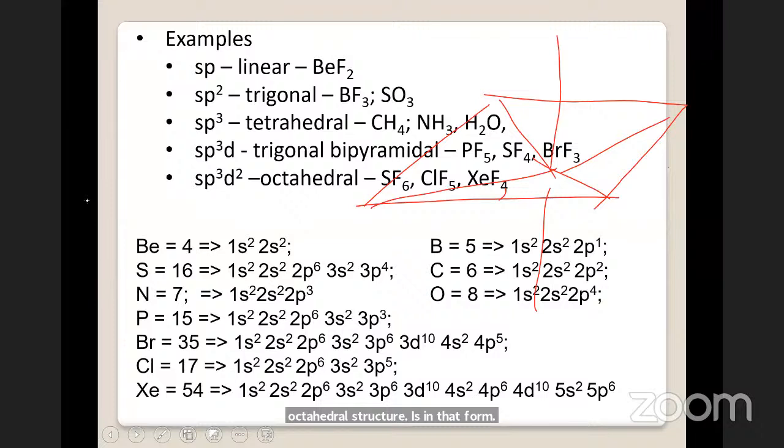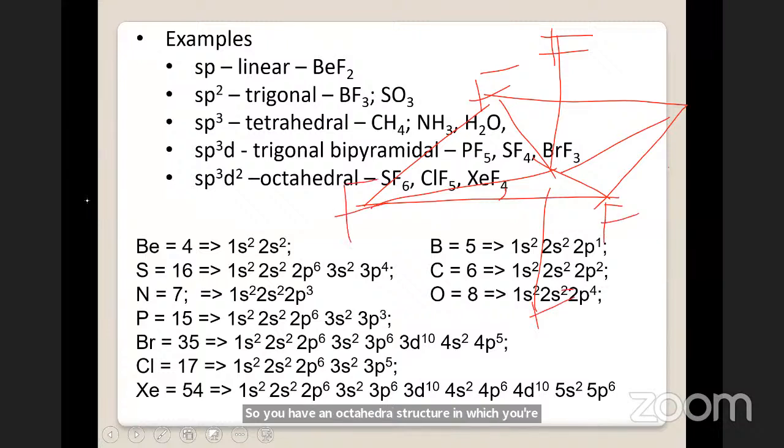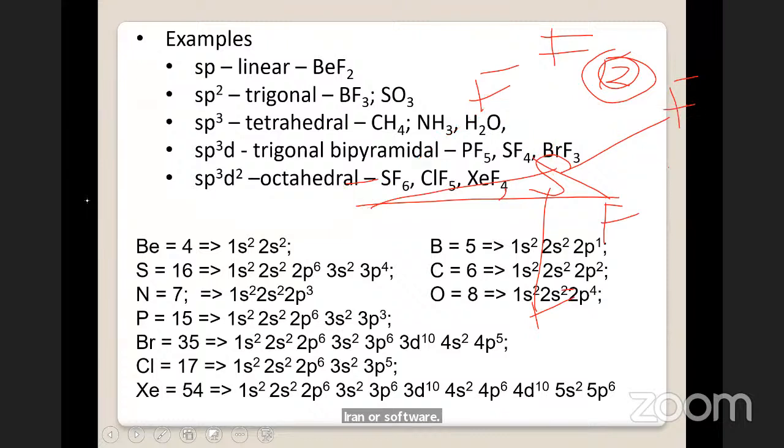So you have an octahedral structure in which your fluorine stays here, here, here, here, here, and here, making 6 fluorine, and you have your sulfur at the center. The 6 fluorine that you have around will give a total of 12 electrons around your sulfur, which tells us the reason why it also violates octet.